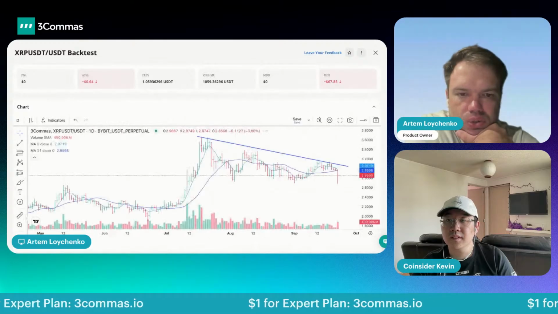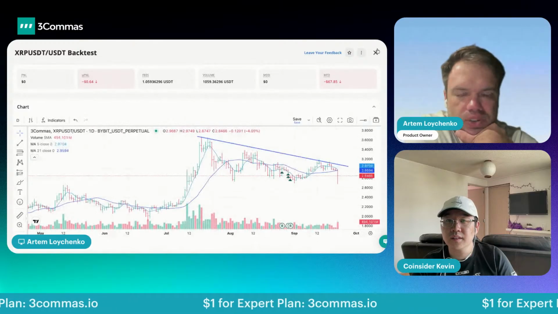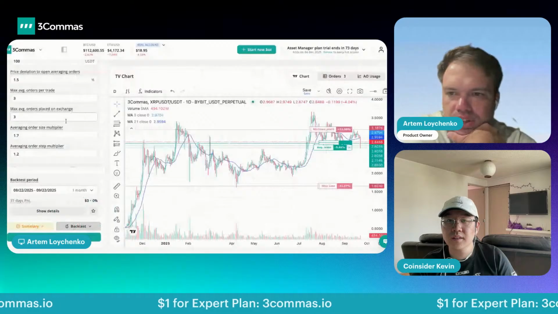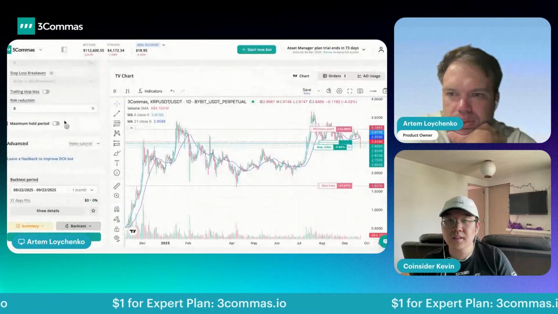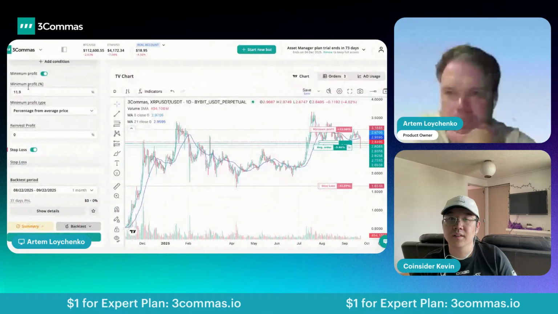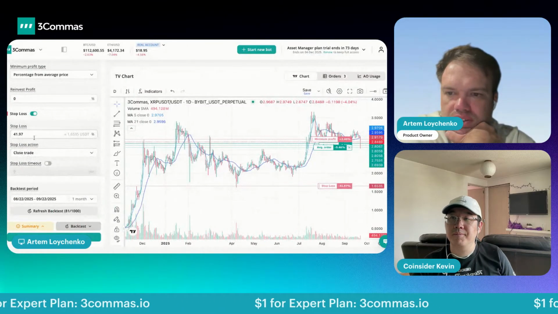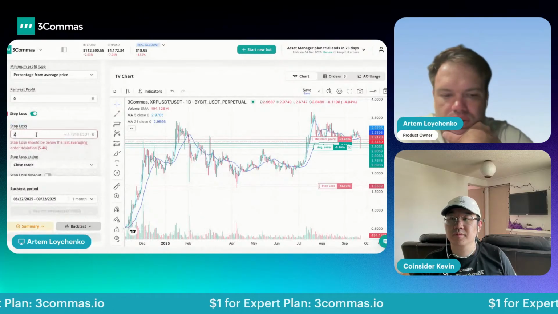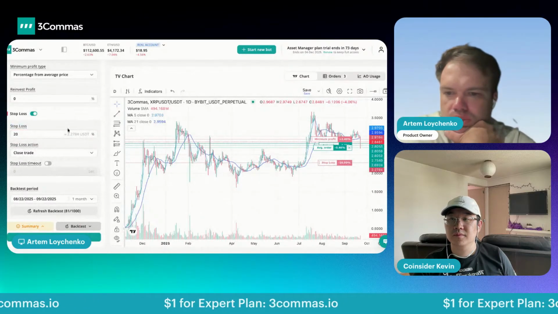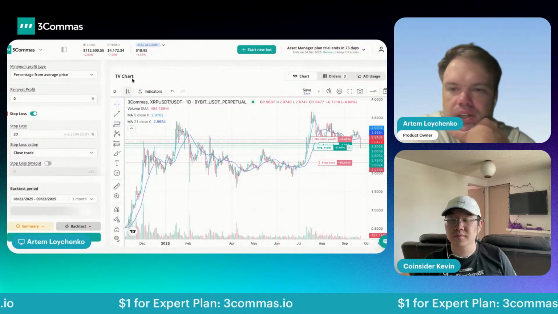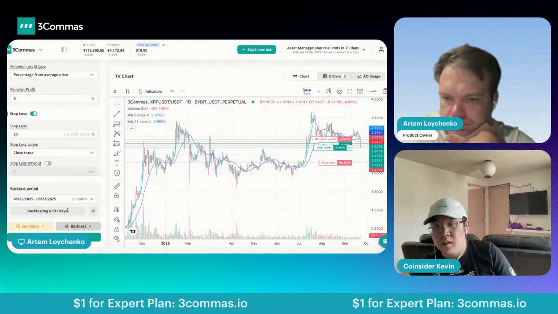I think it's zero. Yeah, I know why it's zero, because I also moved the take profit. Let me move the take profit back. We had a minimum take profit of 2.4. Right, that's why, because I was moving on the chart so you could see everything properly. But now we're getting back.